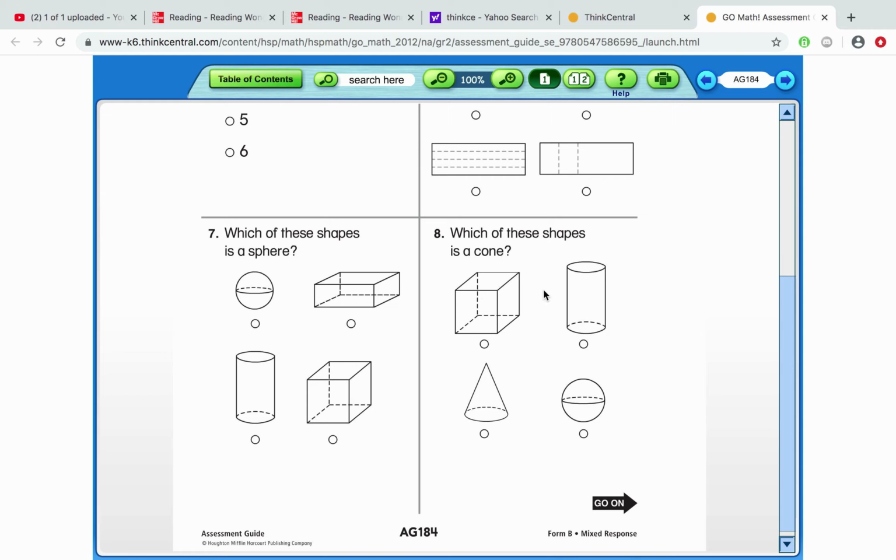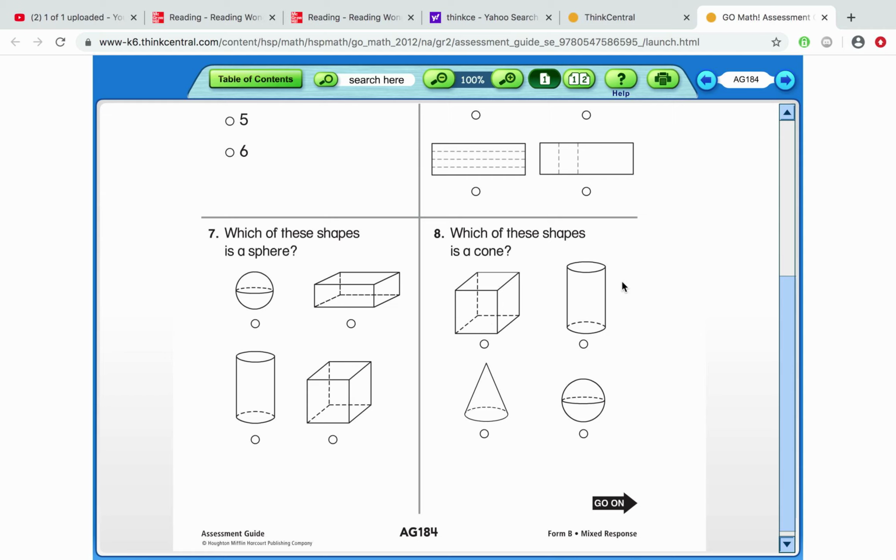Take a look at number 8. Which of these shapes is a cone? Go ahead and look at each of these shapes. Which one is a cone? All right, well, I know this is a cube made up of 6 squares put together.